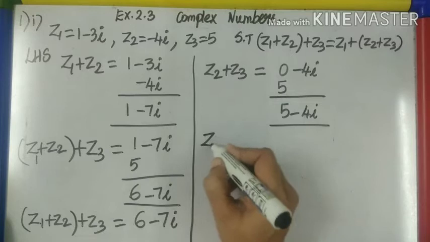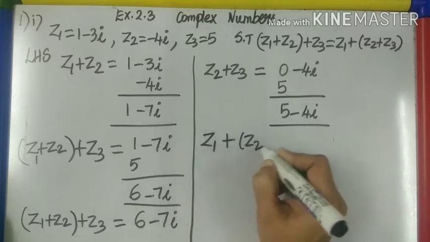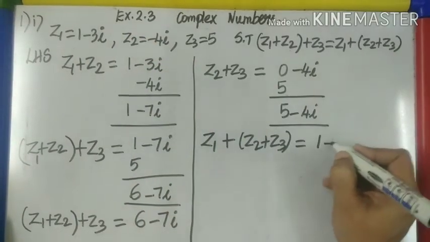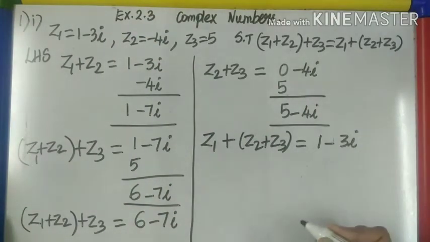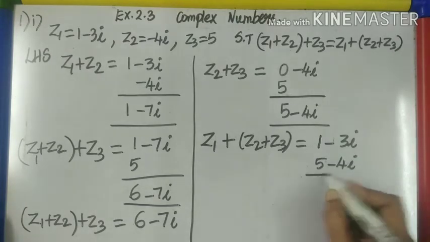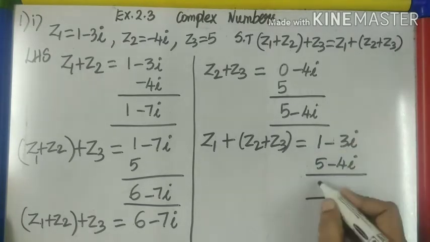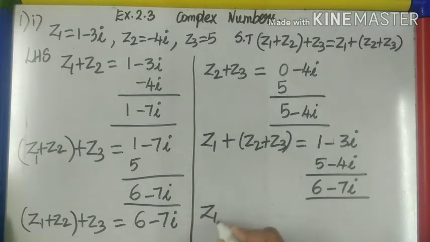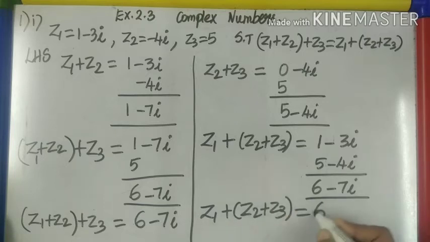Now I want Z1 plus (Z2 plus Z3). Z1 value is 1 minus 3i. Z2 plus Z3 is 5 minus 4i. Adding, 6 minus 7i. So I get Z1 + (Z2 + Z3) is equal to 6 minus 7i.